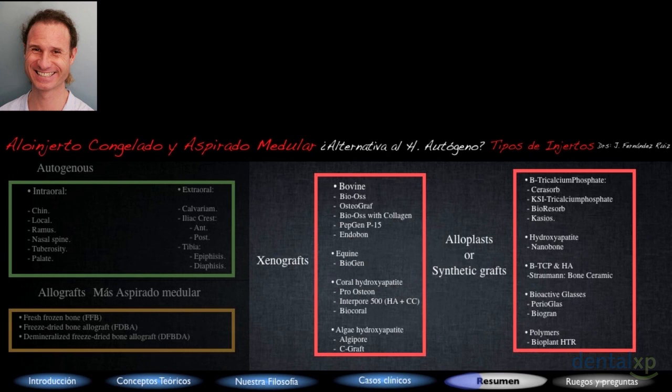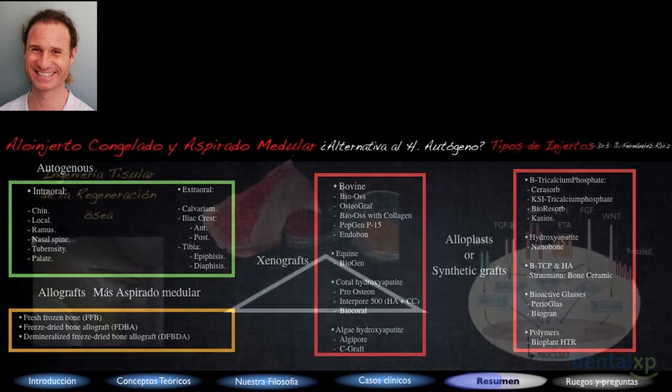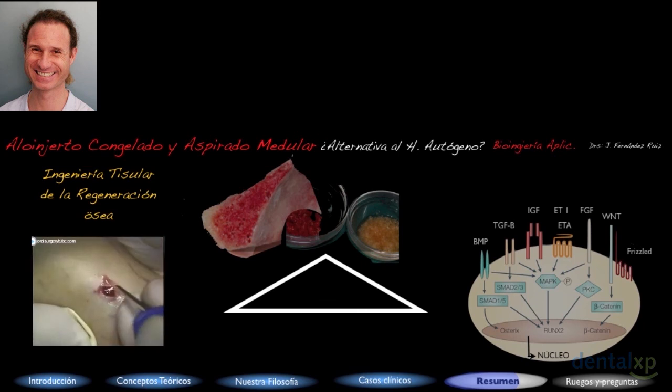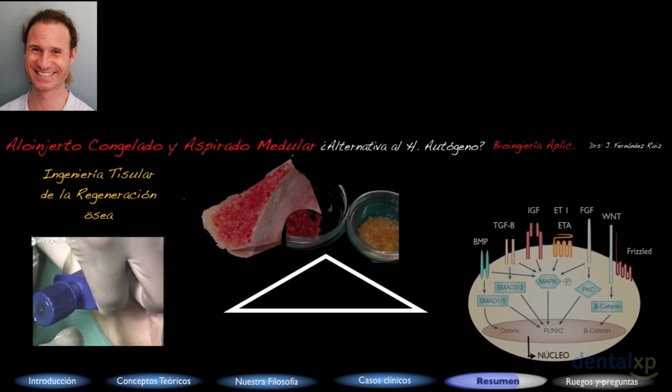But I prefer the autogenous bone graft and the allografts. Going back to what we have already seen, the cellularity that we are providing with the aspirator, I think, increases the osteogenic potential of our bone graft.